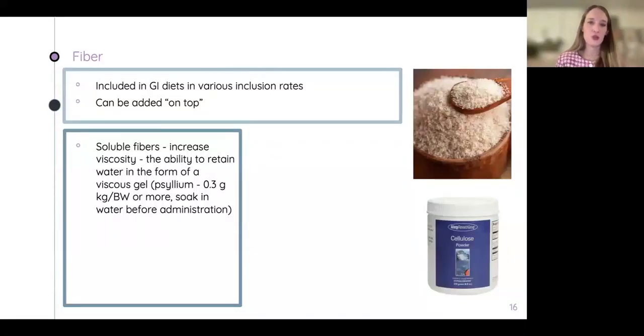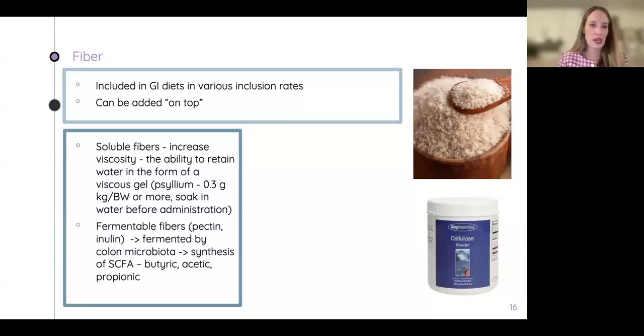If the owner just gives milled psyllium husk or psyllium husk in the diet, it is going to absorb water in the gut, and then we sometimes even see worsening of the clinical signs based on that. So it's important to soak it beforehand, and normally the rule of thumb is to soak it in 10 times more volume of water than the volume of psyllium husks.